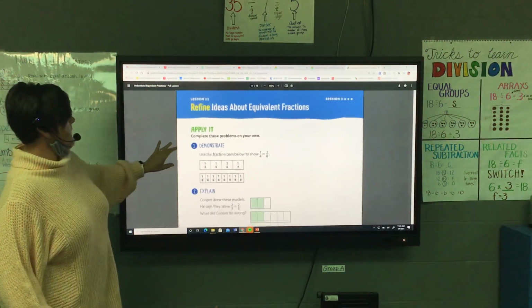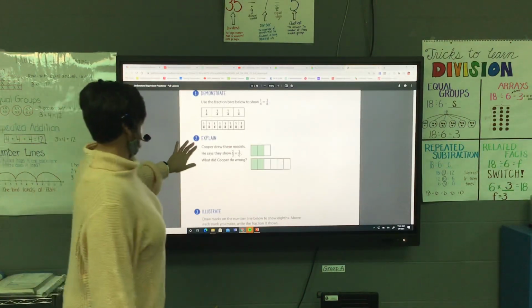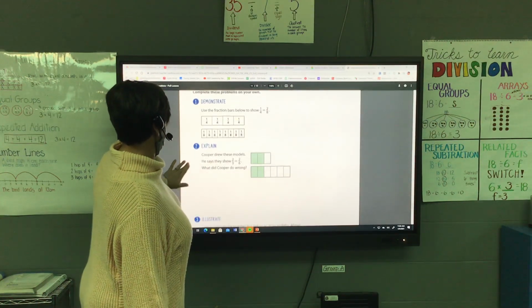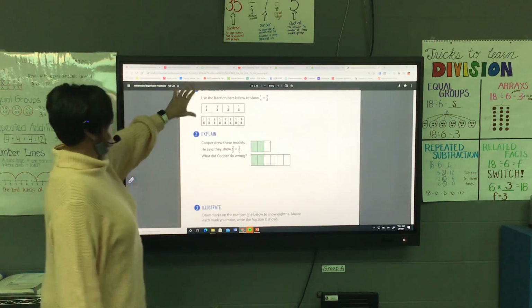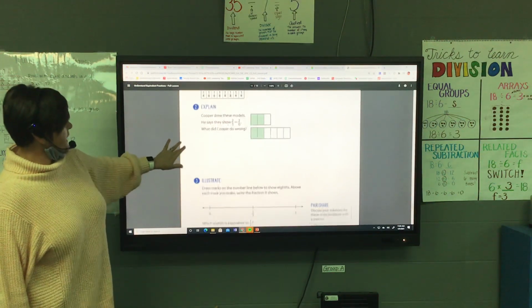So more about equivalent fractions. Let me take a quick look through. So you're just going to show by shading in those equivalent fractions.